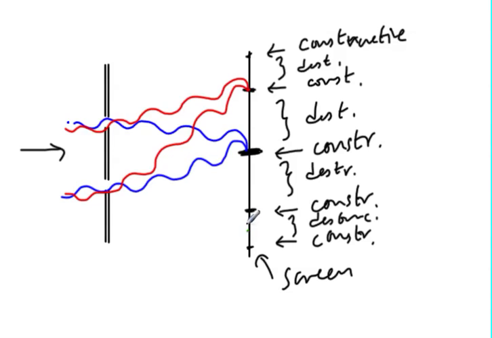So in other words, one will go like this, and then the other one will go destructively. As you observe over here, the crest and the trough don't pair up.